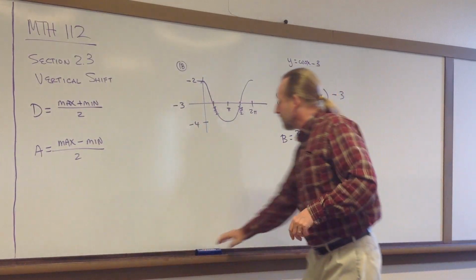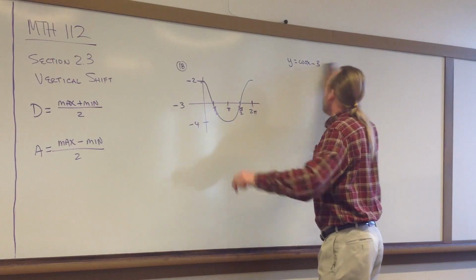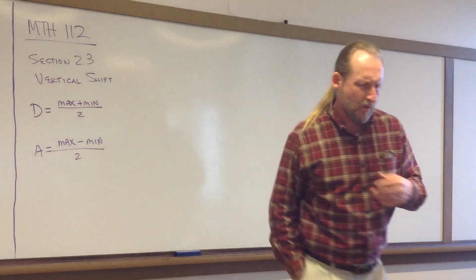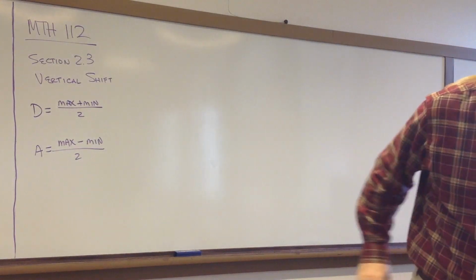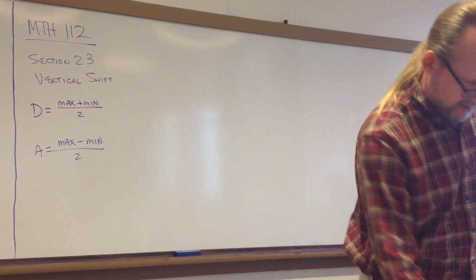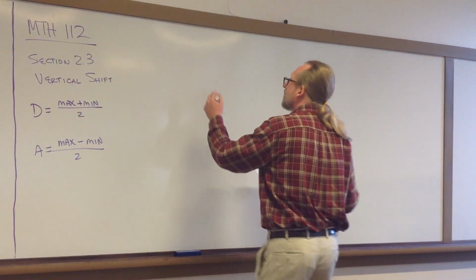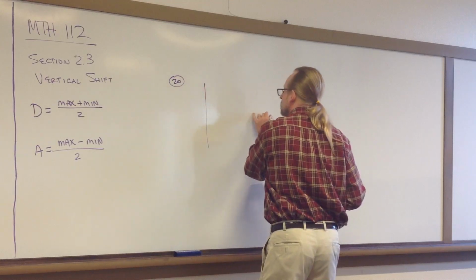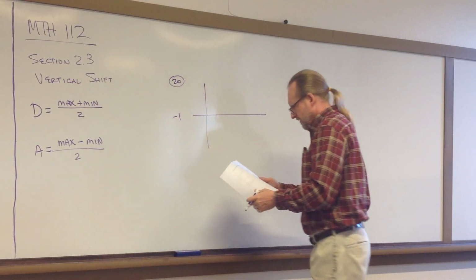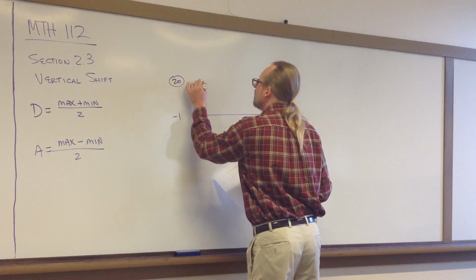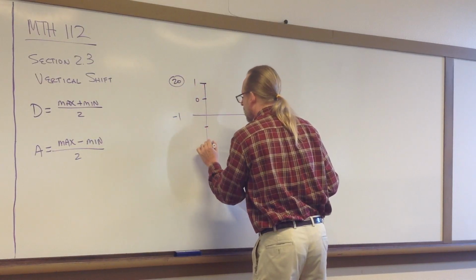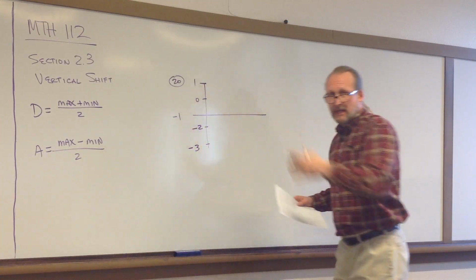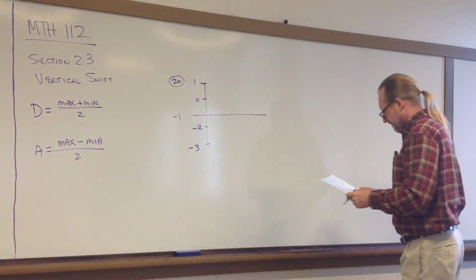Okay, let's look at one more. Problem 20. Again, I've got the midline value here at -1, and then it goes up to +1 and down to -3. So that's telling me that amplitude looks like it's going to be 2, right?